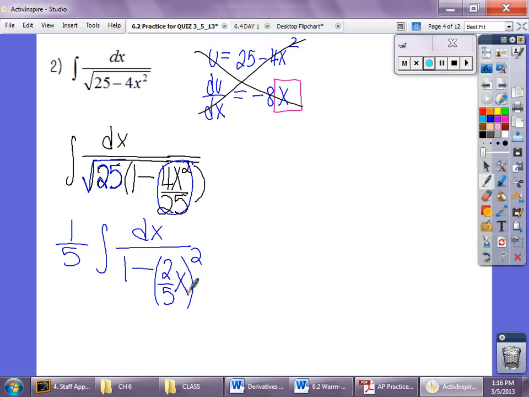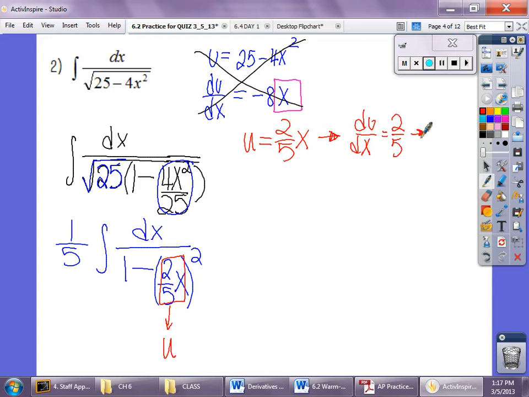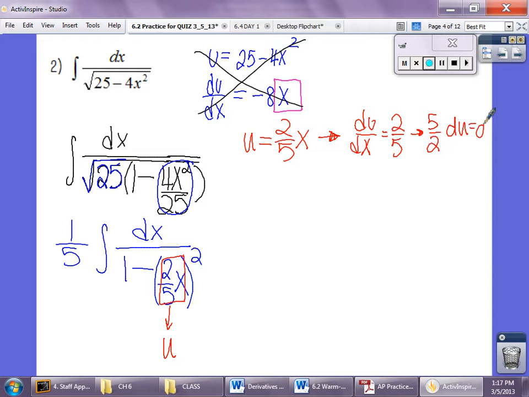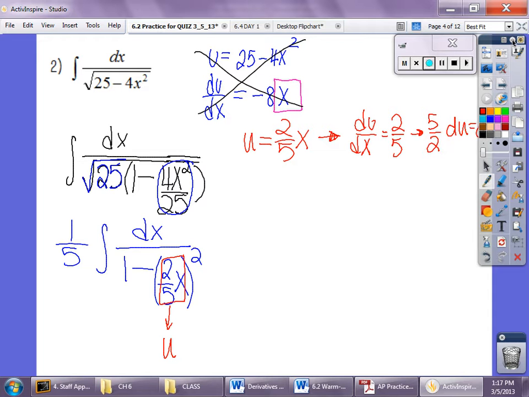Now that you see that, you should be able to notice that this inside right here is our u. So that's what I'm going to do. I'm going to use u equal to 2/5 x. I'm actually going to go across to save a little space. du dx is equal to 2/5, and then I'm going to divide by 2/5, which would actually be the same as multiplying by 5/2, equals dx. And that's what I'm going to use in my next line.